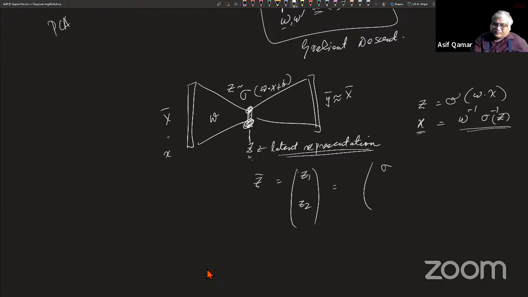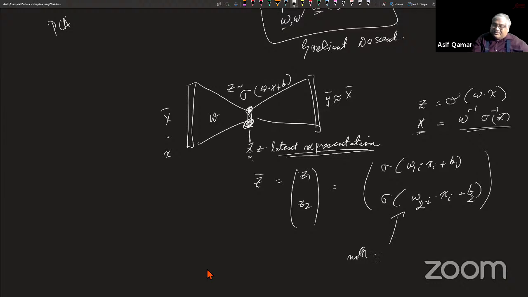Z1 is sigma of W1 dot X plus B1, and Z2 is sigma of W2 dot X plus B2. So this is again your two-dimensional representation. You can generalize it to higher dimensions, but this output is a nonlinear transformation of X.